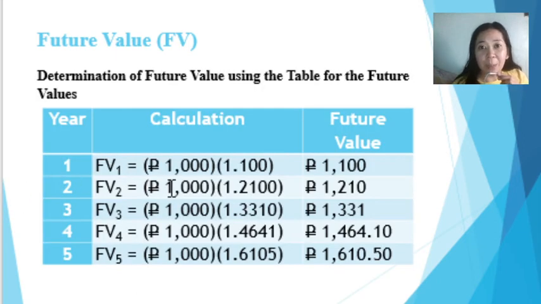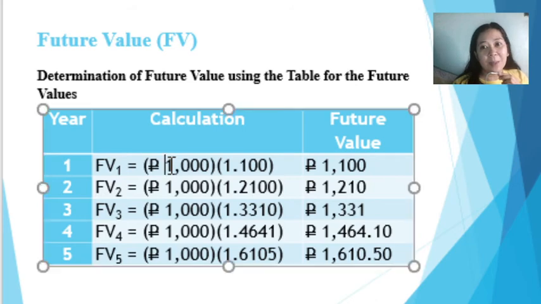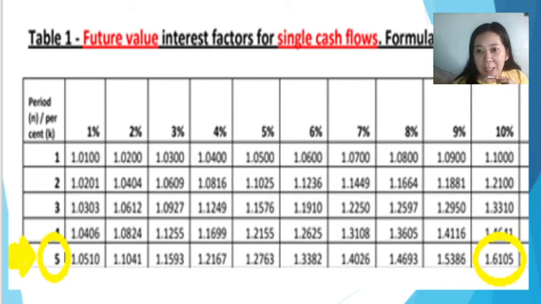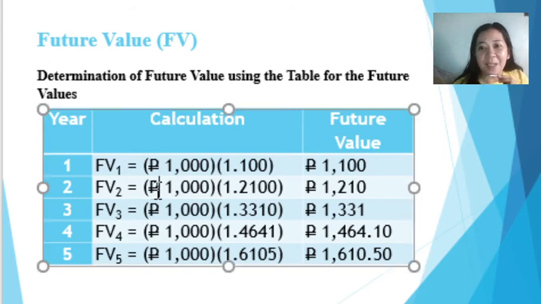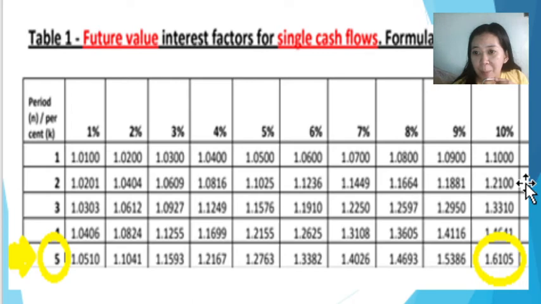For example, in year 1, we look into the 10% column. This is our factor for year 1, that's 1.1, and then we multiply it with 1,000. So that's 1,100. Next, for year 2, our interest factor is now 1.2100.